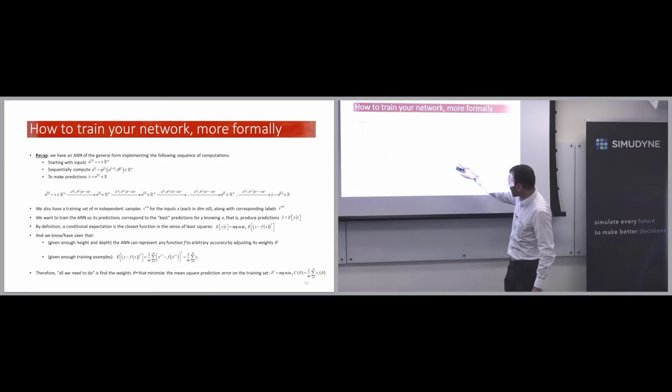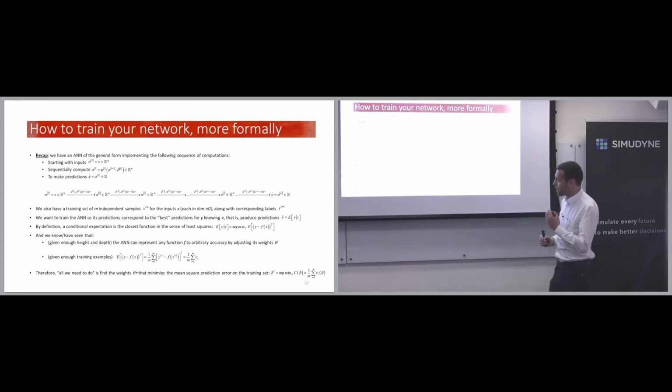So the expectation of y given x is, among all the measurable functions, the one that minimizes the expectation of (y minus f of x) squared, right? That's the definition of the conditional expectation. And so what have we seen and what do we know from previous knowledge?